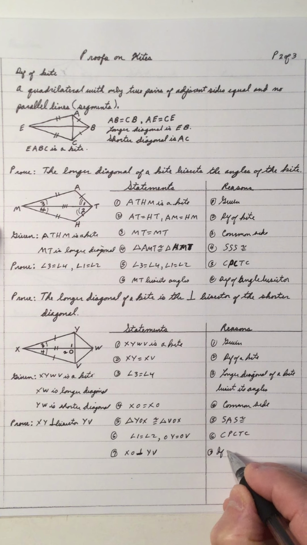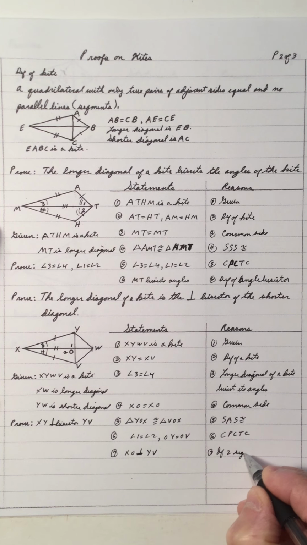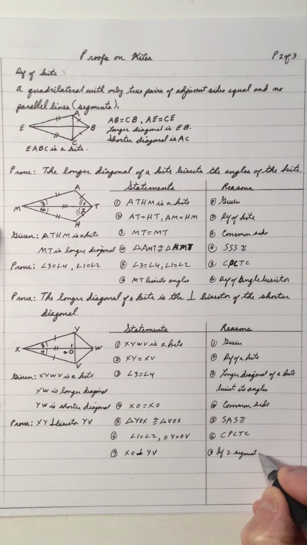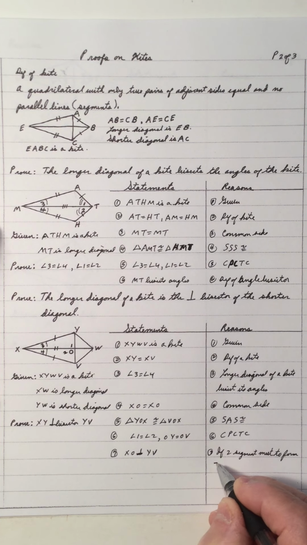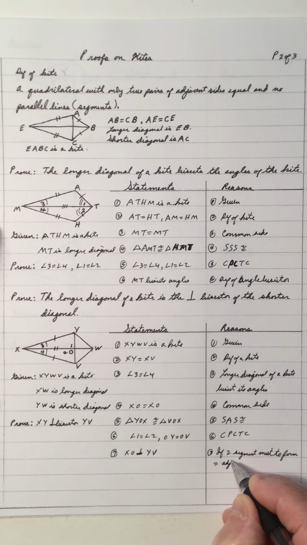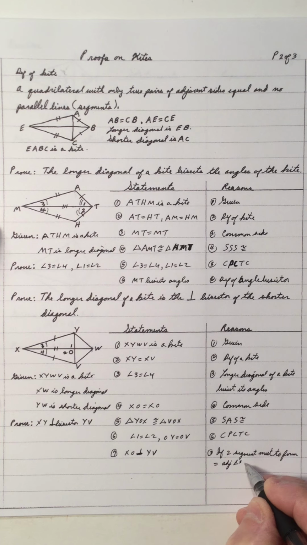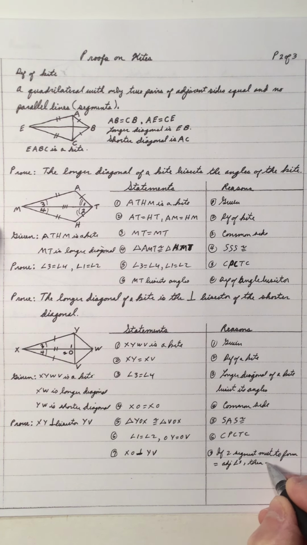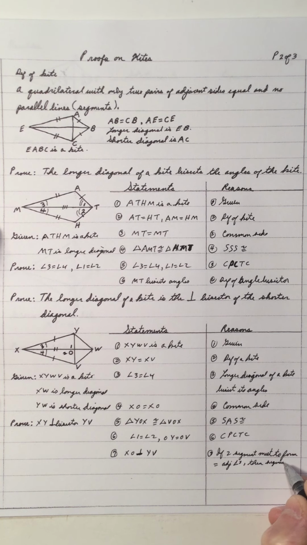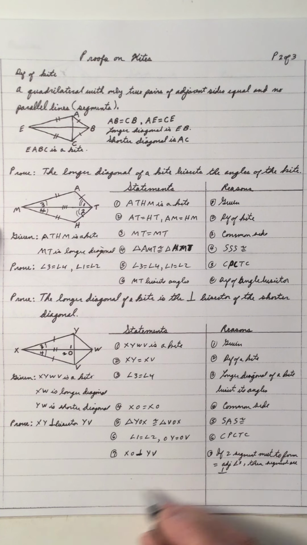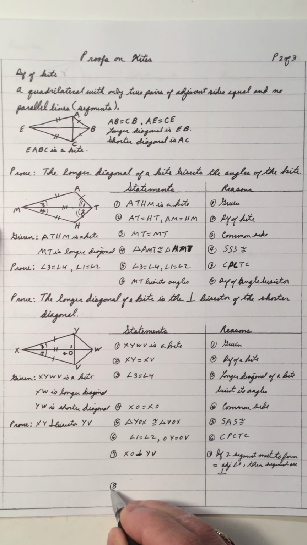If two segments meet or intersect to form equal adjacent angles, then the segments are perpendicular.